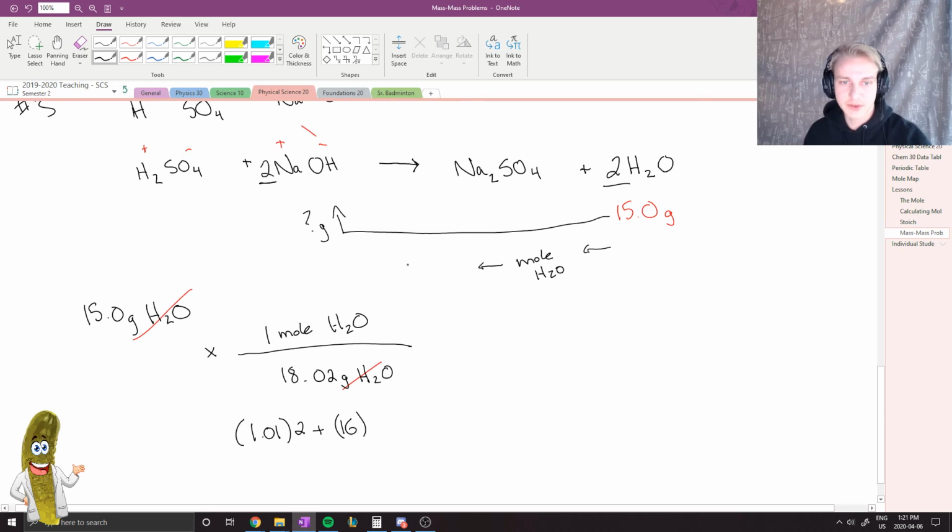Now the next step that we have to follow is we got to convert into moles of NaOH. So the next step is to go from moles of H2O, which are in the top right now. I know that I want to get out of moles of H2O and into moles of NaOH. Now, based on the balanced chemical equation here, I want to grab this 2 from the H2O because I know that for this reaction to happen, I need at least 2 moles of this.